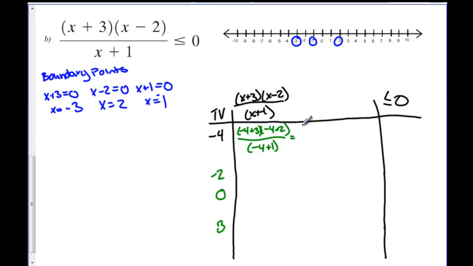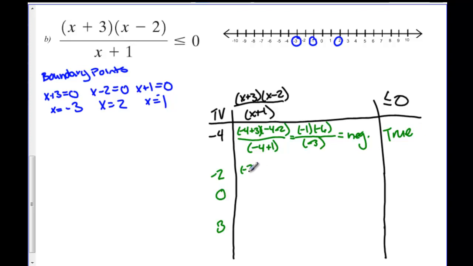So -4 plus 3 gives us a -1. -4 minus 2 gives us a -6. -4 plus 1 gives us a -3. 3 negatives give us a negative. A negative is less than or equal to 0. True.